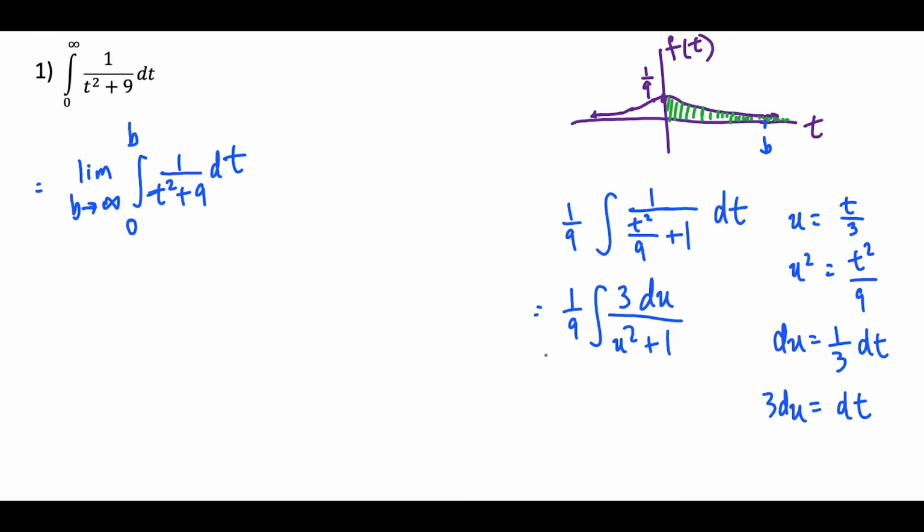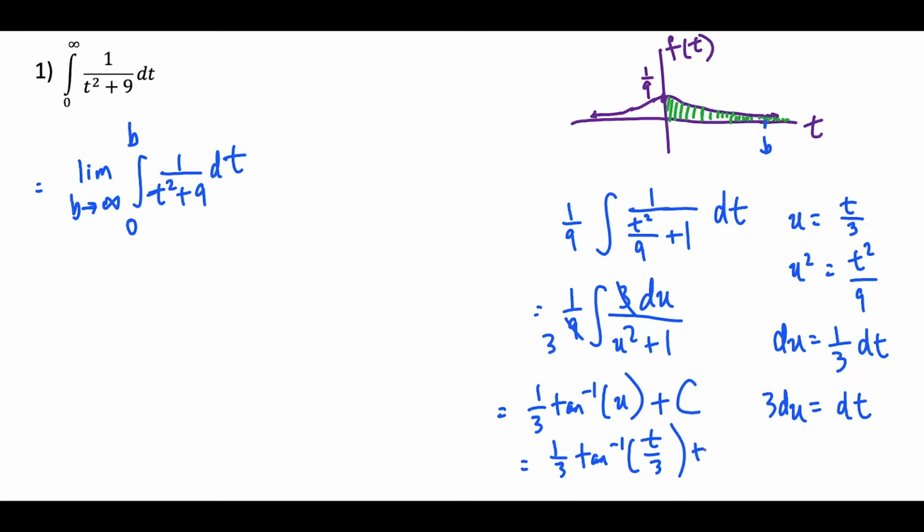So 3 times 1 over 9 could simplify to 1/3. And now we're going to have 1/3 tangent inverse of u, and then plus a constant. Because this is an indefinite integral that we're doing on the side, we'll make it technically correct by throwing that constant at the end. So we have 1/3 tangent inverse, and u is equal to t over 3. And we have our plus c.